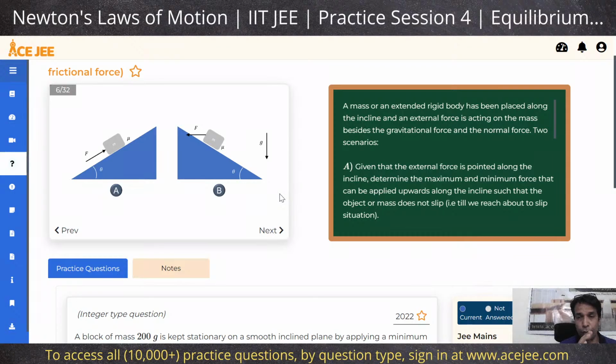Well, if you are pushing up the incline, then the frictional force would be acting downwards, down the incline, right? The frictional force will be acting down the incline on the block. But if you are pushing the block down the incline, then the frictional force is acting up the incline. Is that part clear?